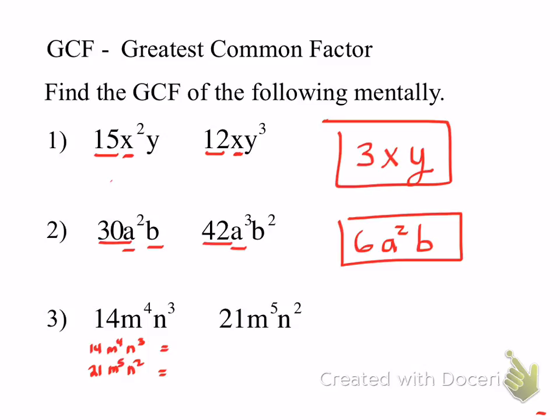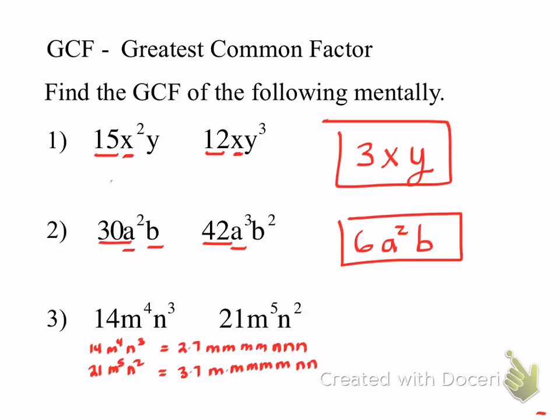Forget about the numbers. This means m times m. 2 times 7, with 4 m's and 3 n's. The next one is 3 times 7, with 5 m's and 2 n's.